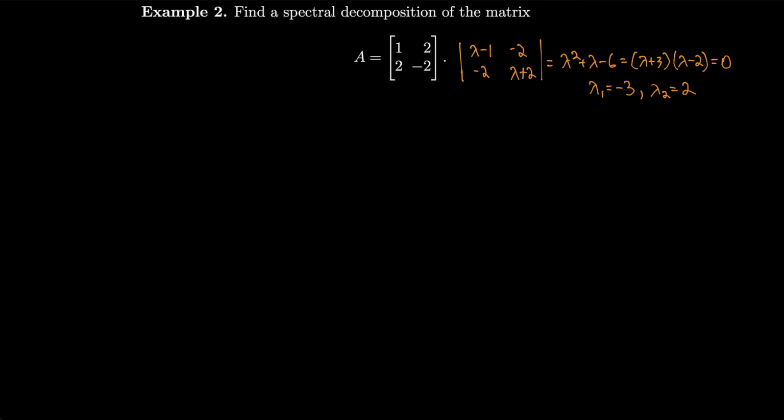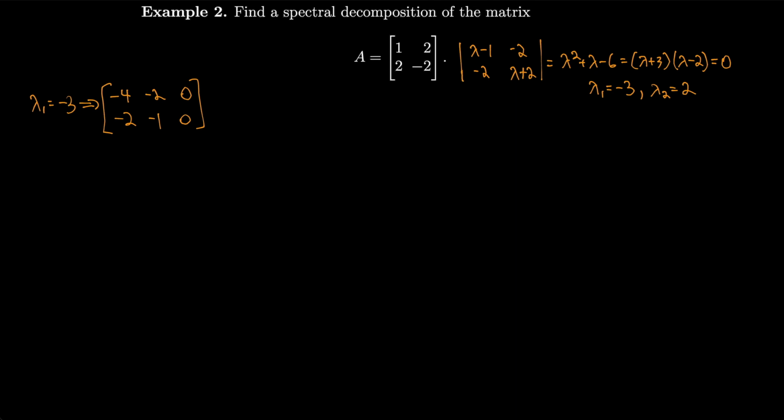So let's first look at lambda 1 equal to minus 3. Then the equation lambda I minus A becomes minus 4, we'll plug in minus 3, minus 2, 0, minus 2, minus 1, 0.